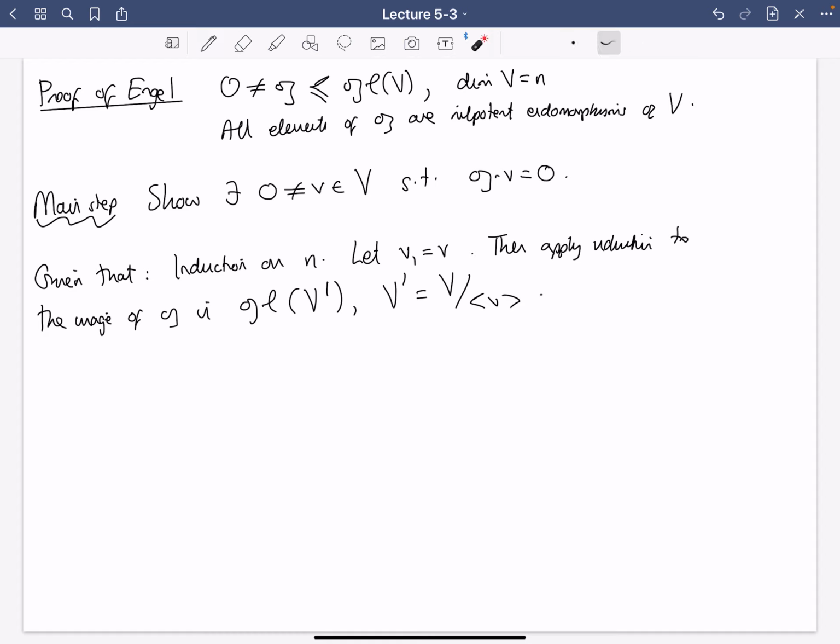When you do that, you get a basis for V' on which this image of G acts strictly triangularly.